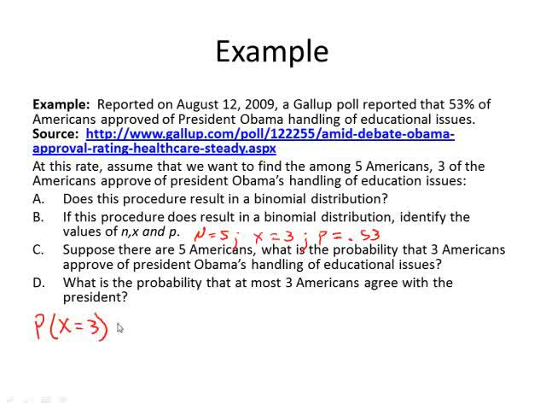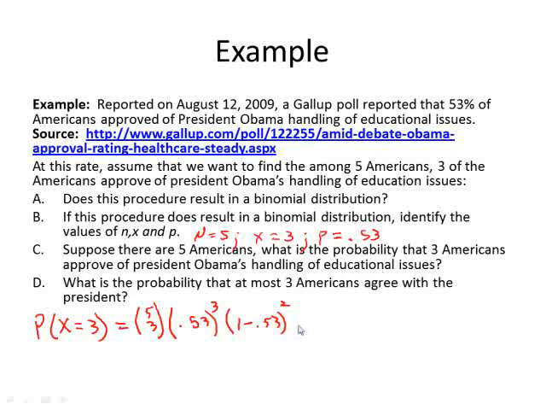By our binomial probability, this is going to be 5 choose 3, p to the x, 0.53 cubed times 1 minus p, which is 0.47, or you can write 1 minus 0.53, raised to the 5 minus 3, which is 2.